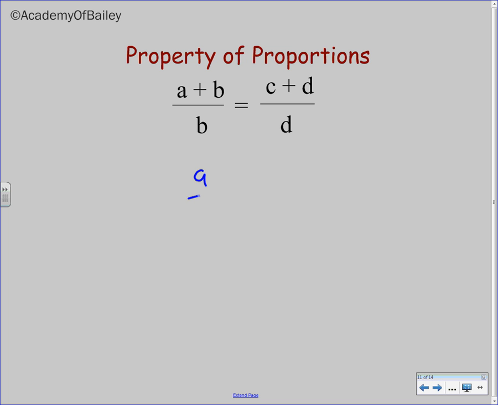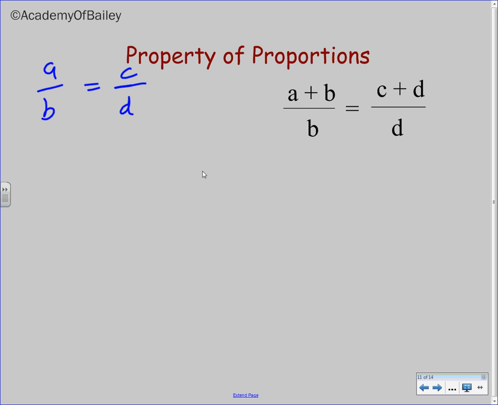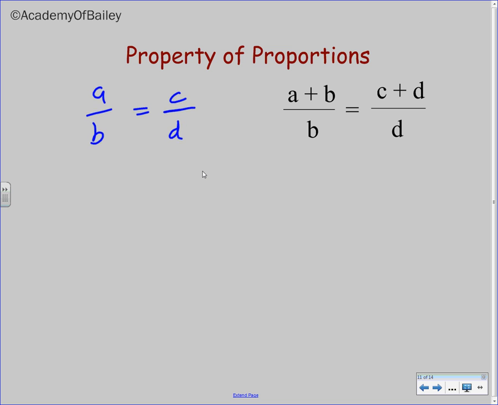Well, remember that this started out as A over B is equal to C over D. That's what this started out as. This would say, if A over B is equal to C over D, then this is true. So how do we get from the hypothesis here to the conclusion?